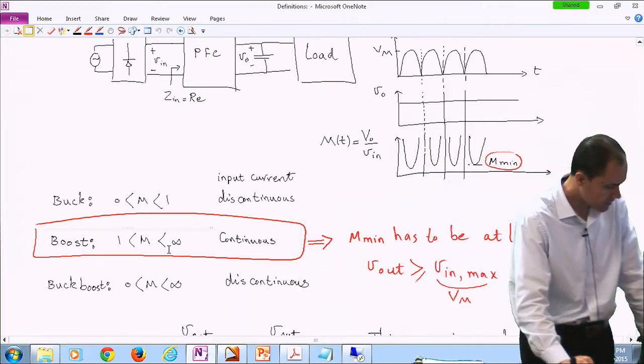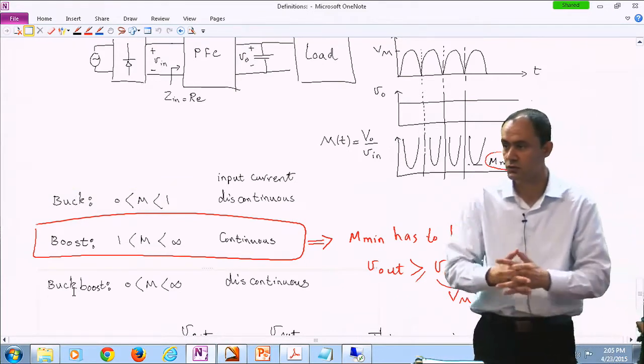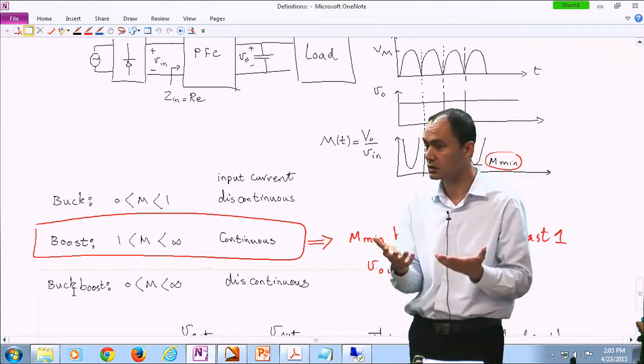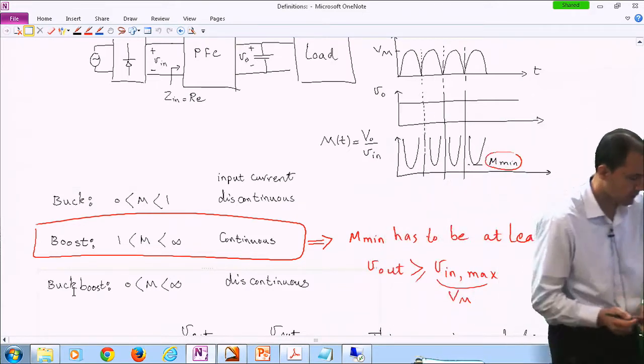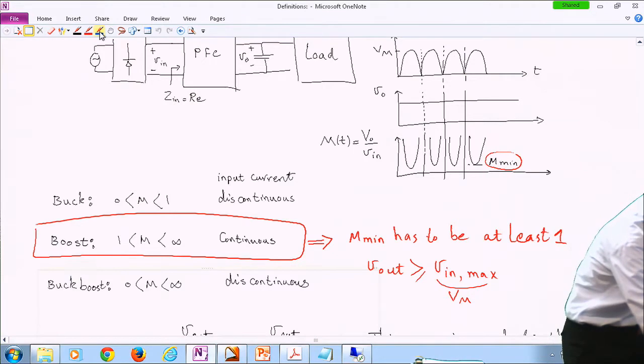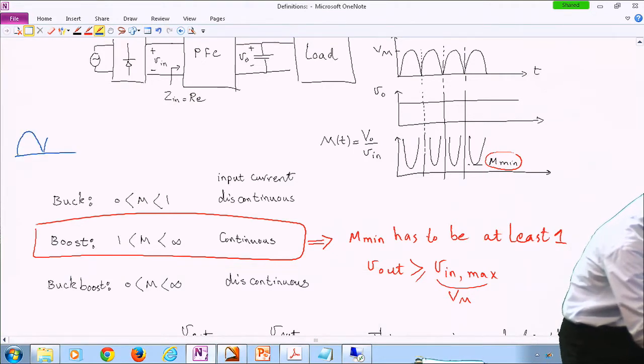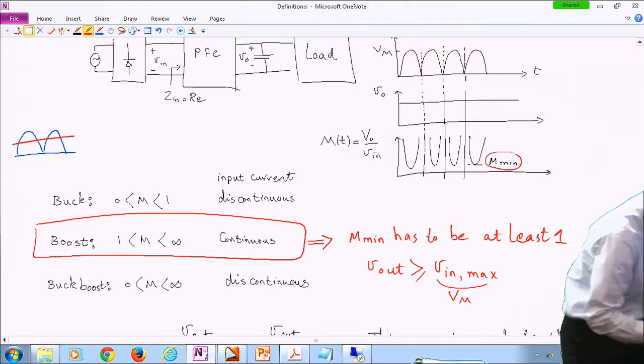Now, this does not mean that we cannot use buck or buck-boost topologies for power factor correction, but there are limitations involved. For instance, for the buck topology, let's say this is your rectified input voltage and this is your output voltage.